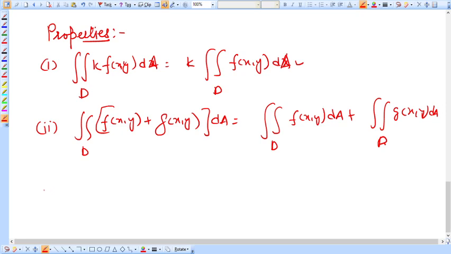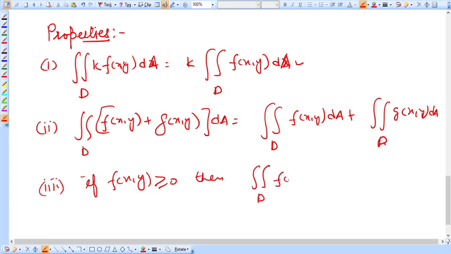Next property is that if f of xy is greater than or equal to 0, then the double integration over D of f of xy dA is also greater than or equal to 0.